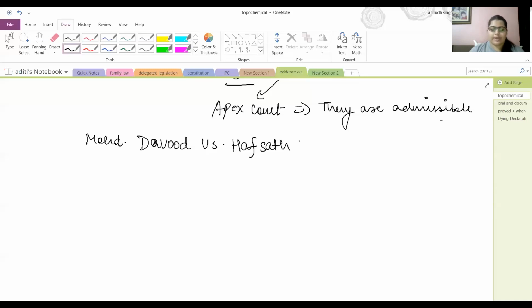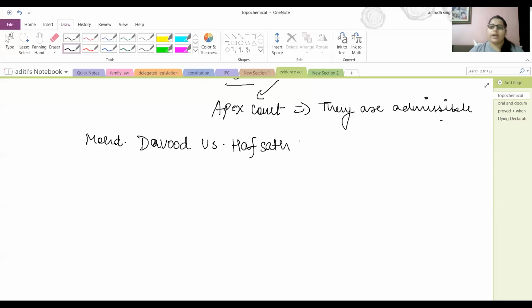Basically, today we have covered a number of things in one lecture. Firstly, we have understood the relationship of the Indian Evidence Act with substantive law and procedural law, and I've already explained that the Indian Evidence Act is a procedural law, but it also consists of certain sections that involve substantive law.